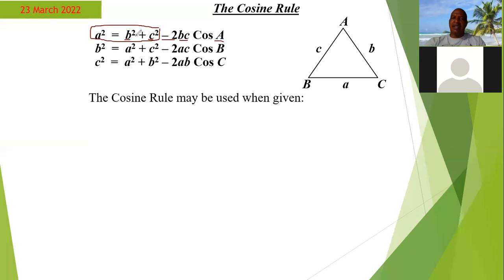On the other side, you have b squared plus c squared. You must have minus 2bc cos A. Now, if you look at the other equations in the rule, you will see that they follow the same principle. Looking at this one here, it starts off with b squared.